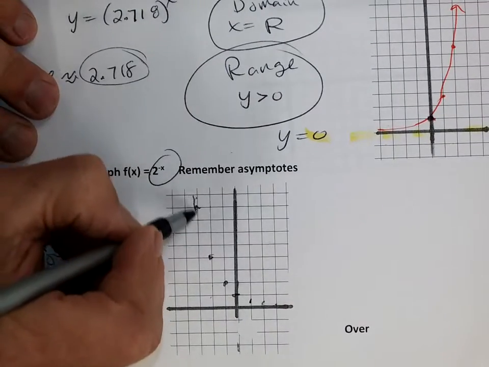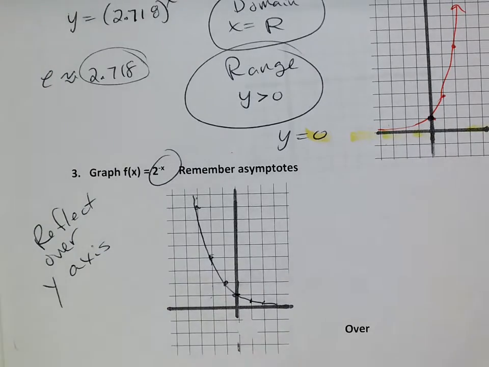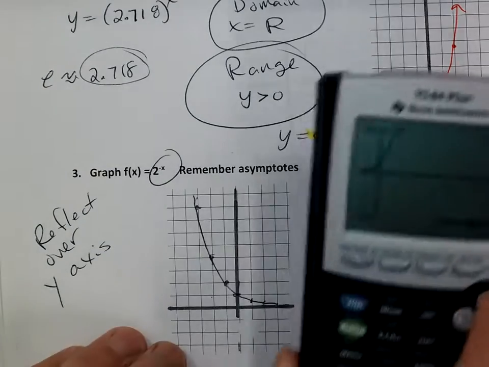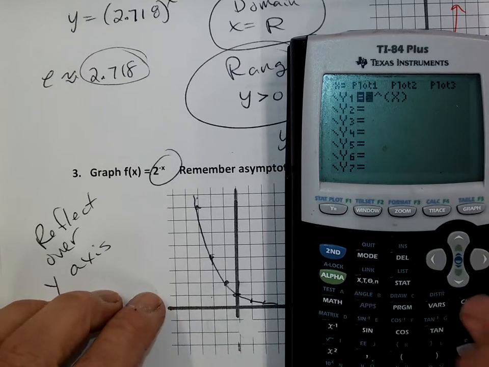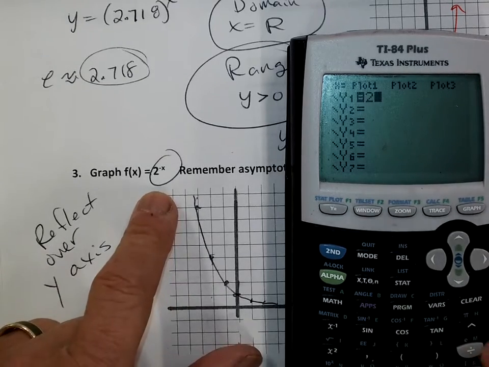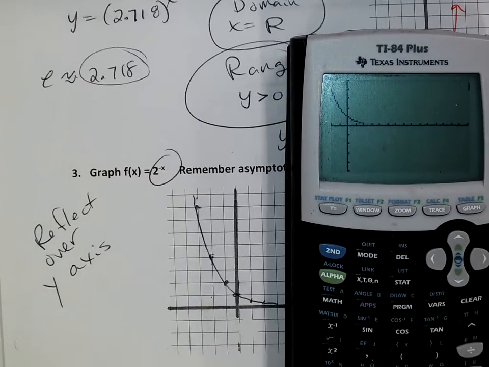And you can put it in your calculator and check it, but you will get a graph that looks like that, okay? So again, if I wanted to put up my calculator, if I want to say, hey, Mr. Davies, are you sure? Do you really know what you're talking about? And yeah, I kind of do. 2 to the power of negative x, graph it. There you go, okay?